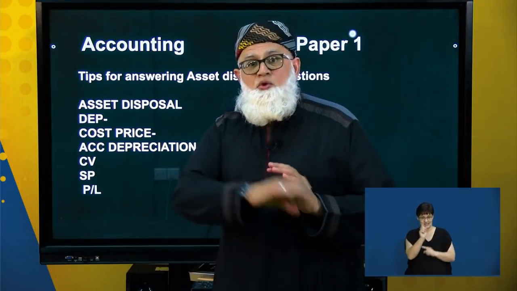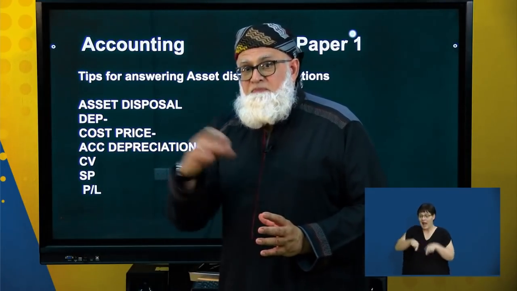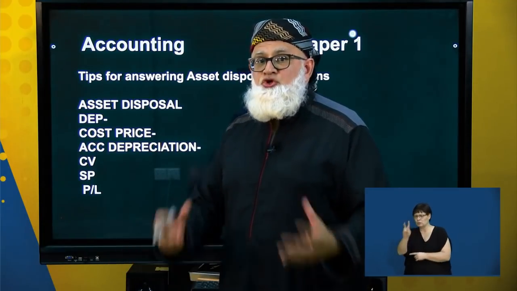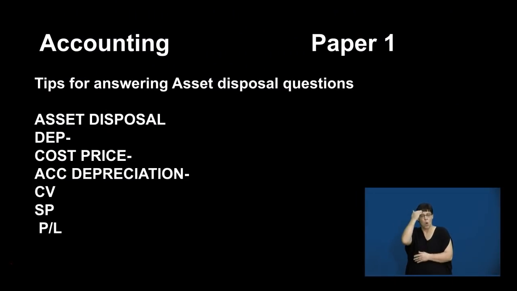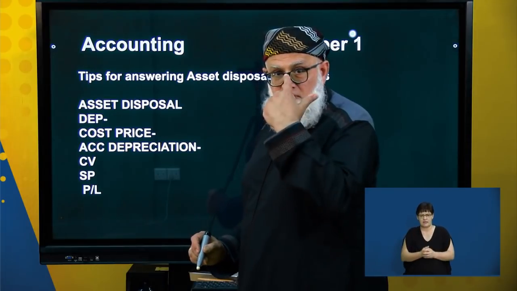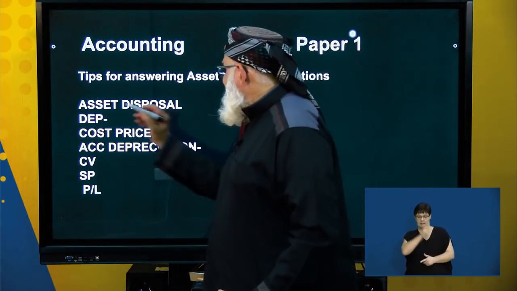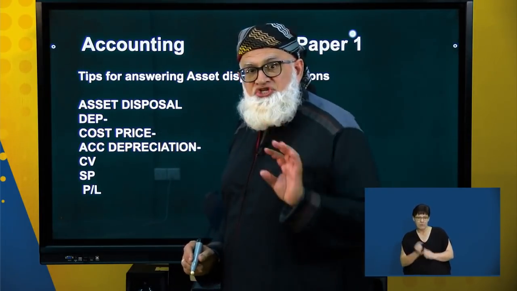However, anywhere else in the curriculum, whether it be paper 1 or paper 2, you need to know all the components with regards to the asset disposal. So, where do you start? You start by telling yourself, let me indicate the information that I have.